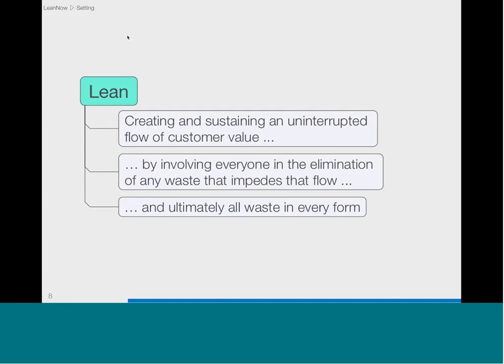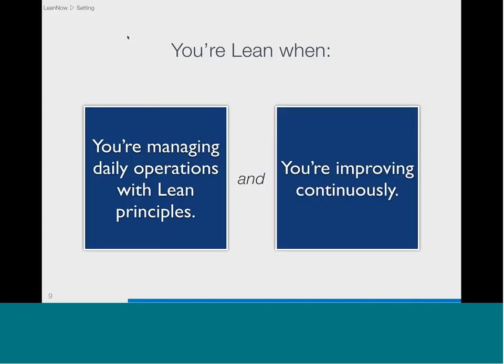So I'm going to use this today as a working definition where I'm emphasizing flow first, and then indicating that waste is really in service to flow. So the reason we want to reduce waste is to improve the flow of value to the end user or the external customer. Given that definition, I believe that you can call yourself lean when you're managing your daily operations with lean principles and you're improving your flow of value continuously from that point forward.